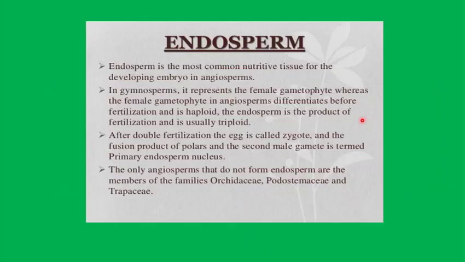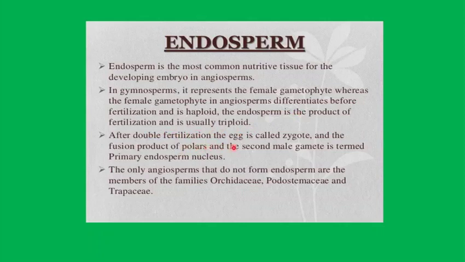Next, what is the function of the endosperm? It is the most nutritive tissue for the developing embryo in angiosperms. In gymnosperms like Pinus, the endosperm represents the female gametophyte, whereas the female gametophyte in angiosperms differentiates before fertilization and is haploid. The endosperm is a product of fertilization and is usually triploid.